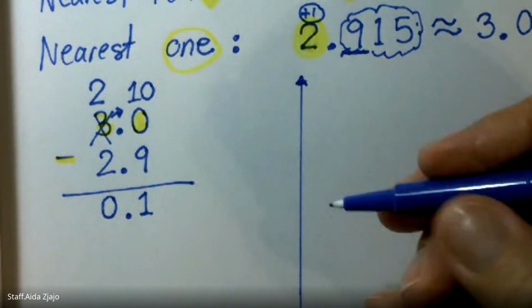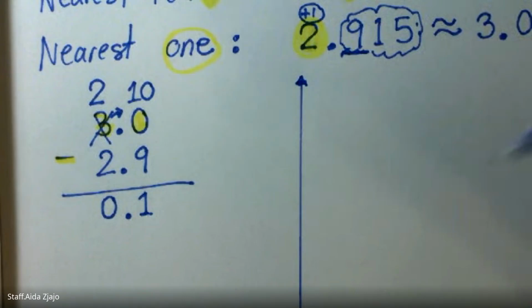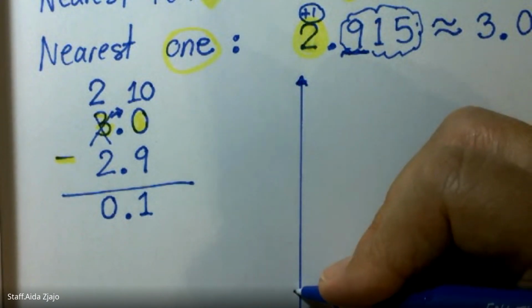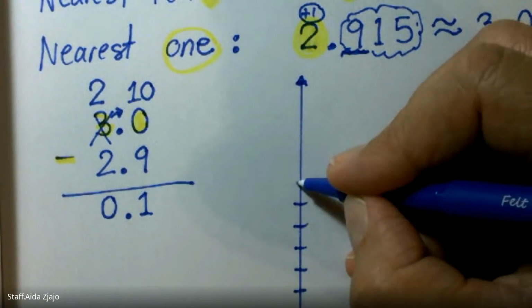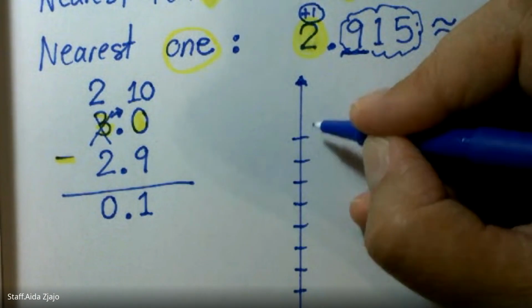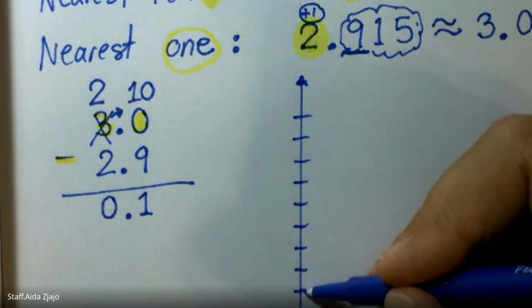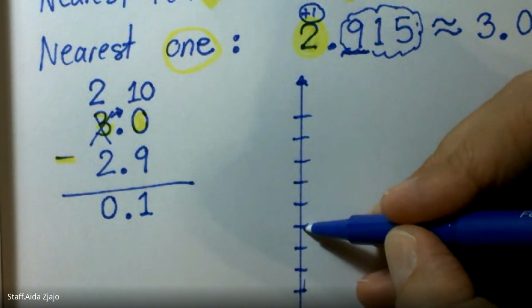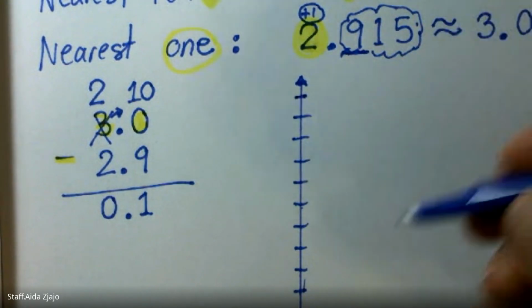The starting point, let's have 1, 2, 3, 4, 5, 6, 7, 8, 9, 10 marks.